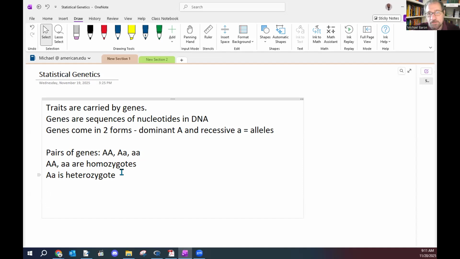And now we know that these characters, features are carried by genes. So they are passed from generation to generation, from parents to children, with genes.